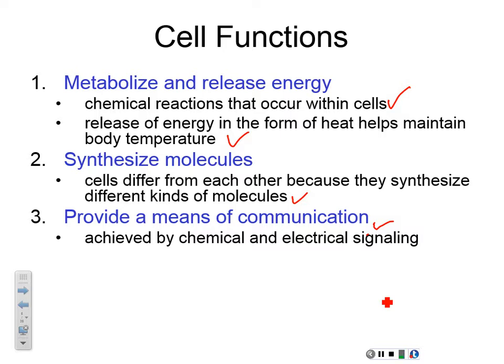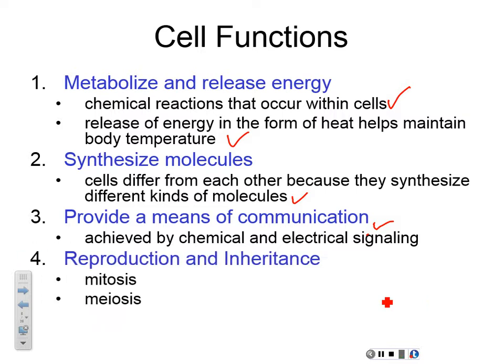We'll talk about a few types of this kind of cellular communication with different types of molecules, like cadherins and integrins, and what each does. And then of course reproduction and inheritance. You can see all these functions of the cell are based on the characteristics of life. They satisfy those functions we listed at the beginning as the characteristics of life.